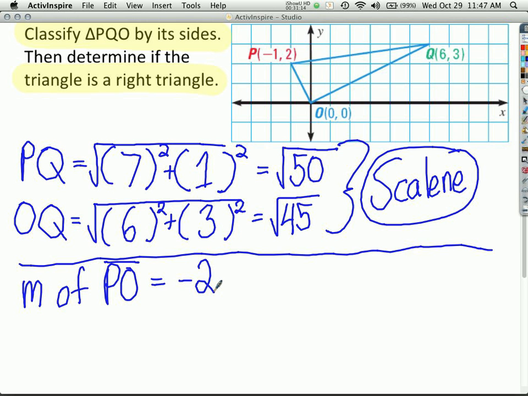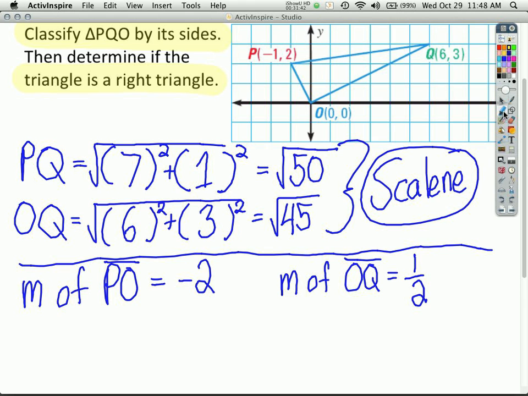And what about the slope of OQ? So we need the slope of OQ. So we've got 2 points on the grid. So let's do rise. 1, 2, 3. Run. 1, 2, 3, 4, 5, 6. What does that come out to when we simplify that? Come on. Yeah. 1/2. And so now we need to compare this and this.